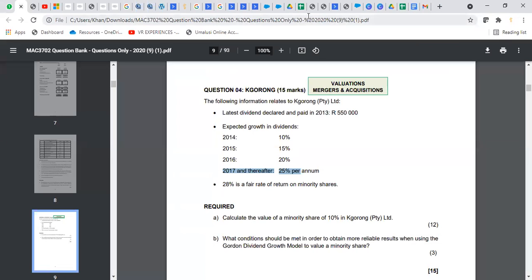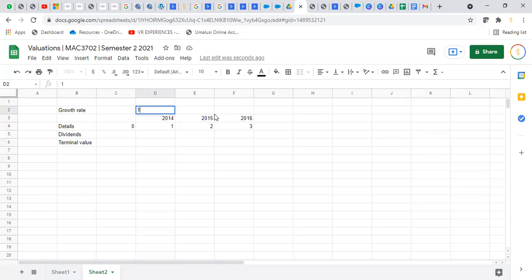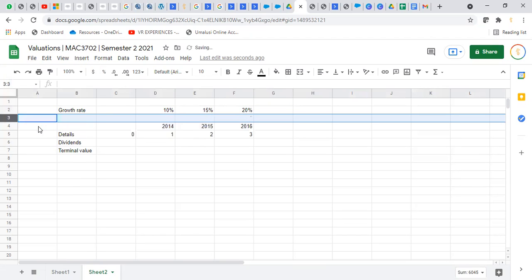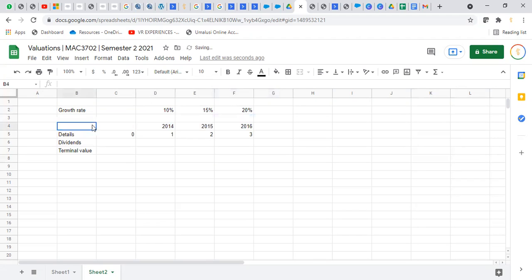So it was 10% over here, 15% over here, and then 20% over there. I just do it over here because I'm using Excel. It's just easier for me to have it like that. But this is basically the actual calculation. I'm just using that over there so it's easy for me to apply the formula.